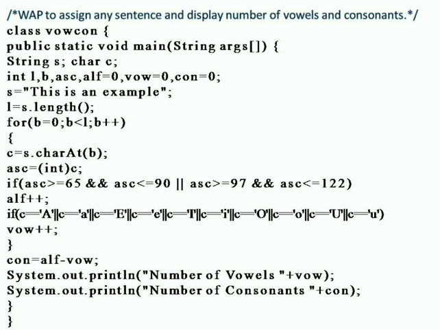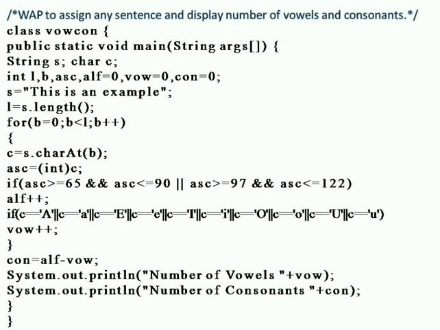So by this if statement we are checking both capital and small letter alphabets. If it is within this range, then in the next line I have written ALF plus plus. That means I am increasing the value of the counter ALF by 1. So here in ALF we are counting how many alphabets are there.